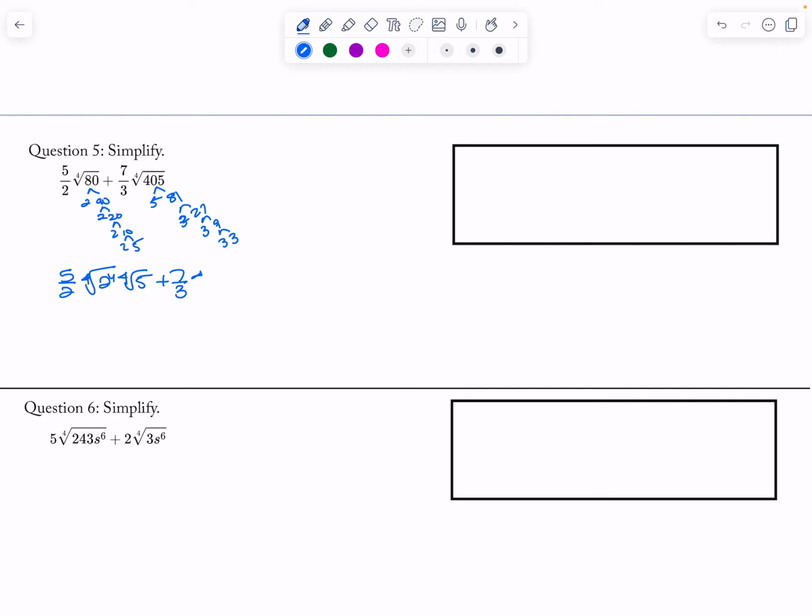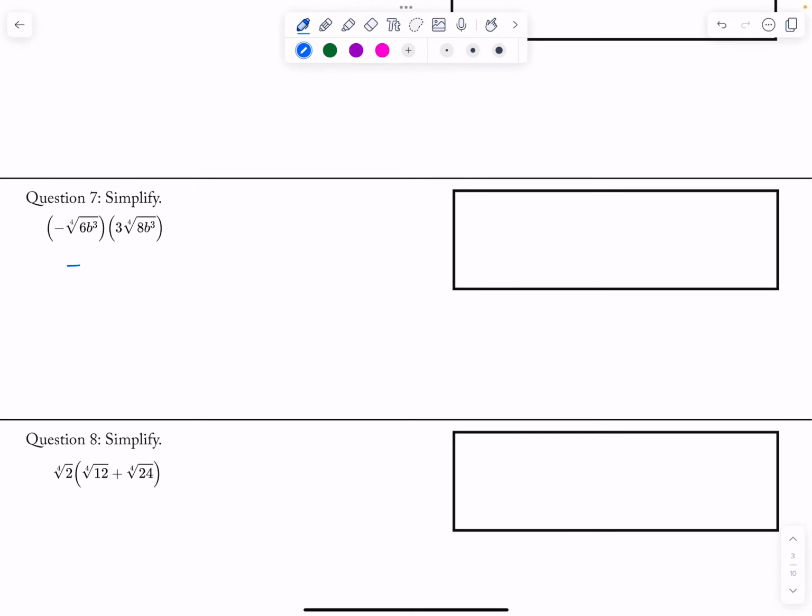So this is the 4th root of 81 and the 4th root of 5. So this is 5/2 times 2, 4th root of 5 plus 7/3, 3 times the 4th root of 5. So the 3's and the 2's cancel out, so I'm left with 12 and the 4th root of 5.